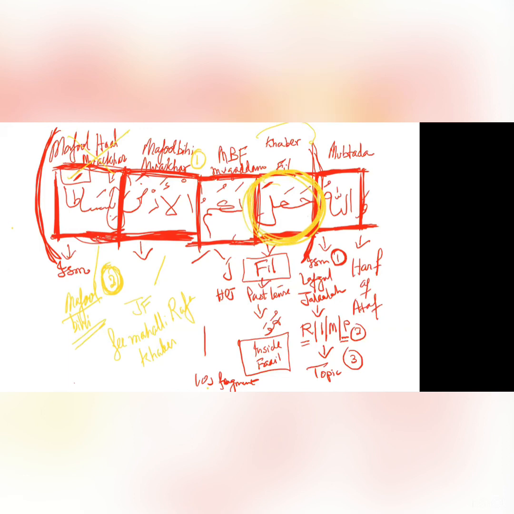This is a fi'l needing 2 maf'uls. Why does it need 2 maf'uls? Because ja'ala means he made, right? And he made the earth. What did he make the earth?